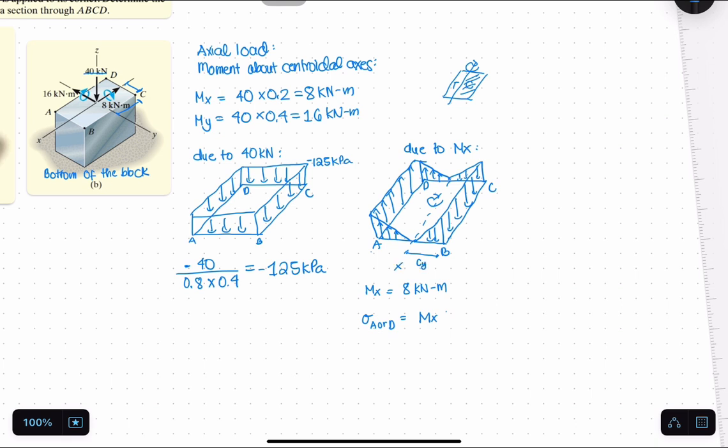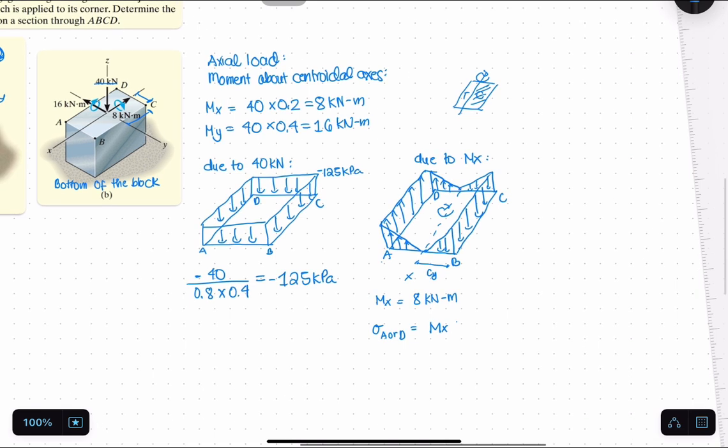Kasi along X to, nagets ninyo, di ba yung original na 40 kilonewton na nandito sa corner, para makamoment siya along X. So, ang c mo dito is ito. Diba? So, Cy yan kasi parallel to our Y. So, Mx Cy over our moment of inertia about the axis of bending, which is along X. Okay? Along X tayo.